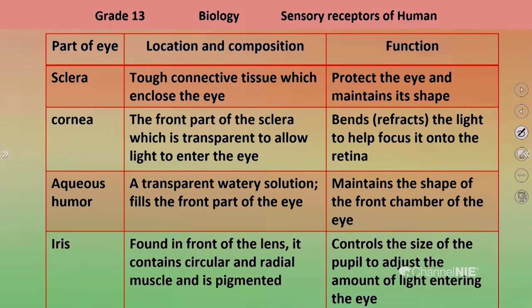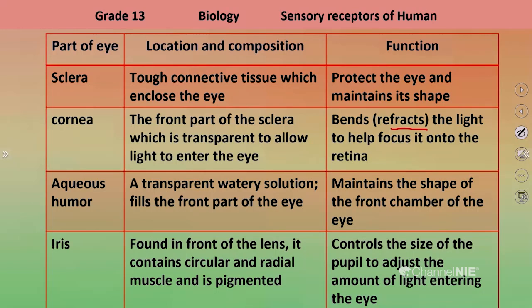Sclera protects the eye and maintains its shape. Cornea, which is found in the front part of the sclera, is transparent and bends, so it refracts the light to help focus it onto the retina.